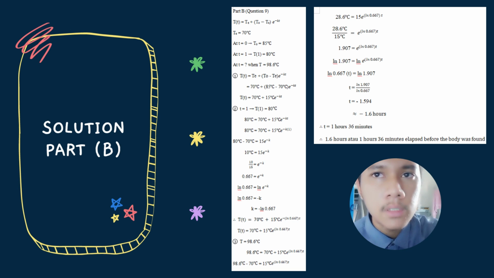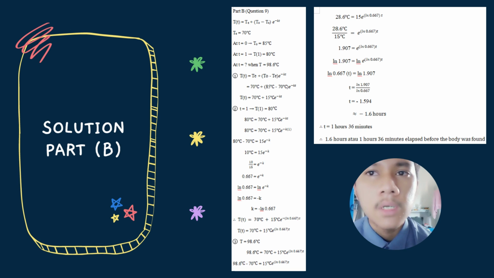Today I'm going to present the solution for part B. For part B, we choose question 9. So the solution is, we need to find the temperature of the corpse before the incident. So firstly, we need to find the Te. The Te is equal to 70 degrees Celsius. T equals 0, it means the time of 0.